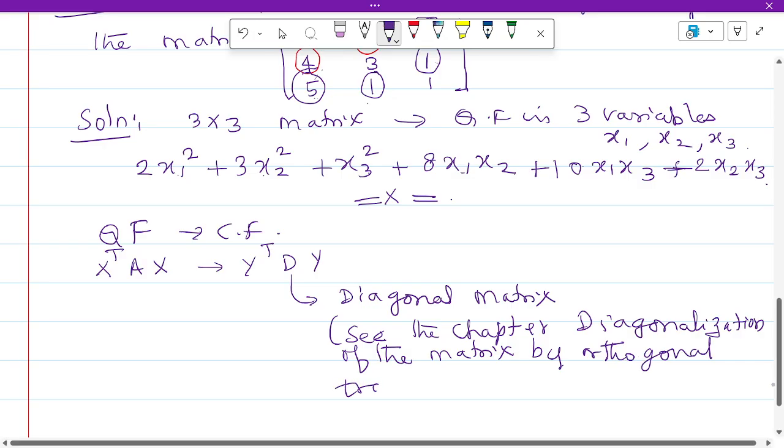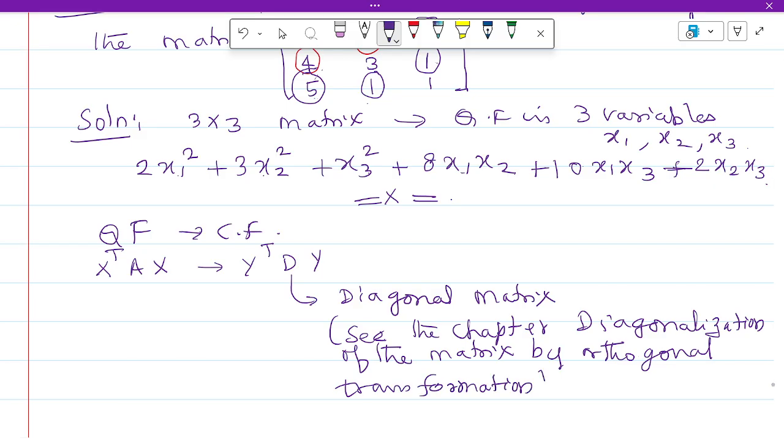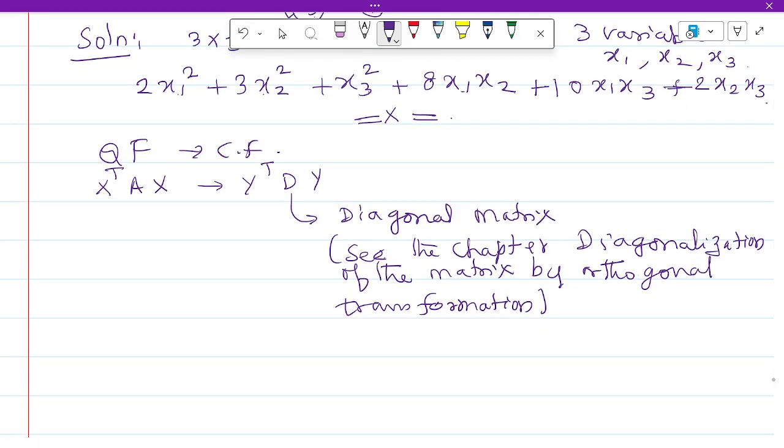Anyway, I have taught diagonalization of the matrix by orthogonal transformation in class. Only one step we are extending to find the quadratic form to canonical form. I will explain in the problem how to find it.